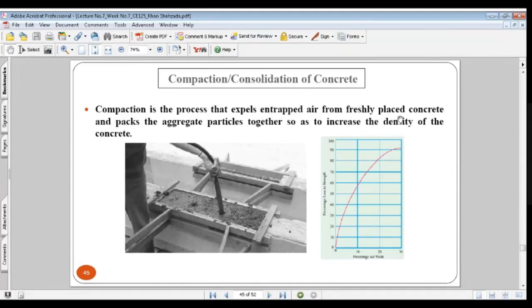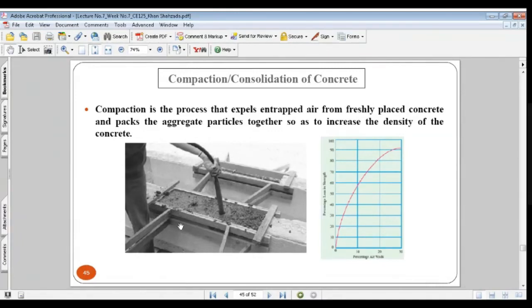Compaction is the process that expels entrapped air from freshly placed concrete and packs the aggregate particles together so as to increase the density of the concrete. So in compaction we are trying to expel the entrapped air inside the concrete, remove the voids and pores, and make it a solid mass, a solid pack of aggregate particles, so that it can act as one mass and resist the applied load.